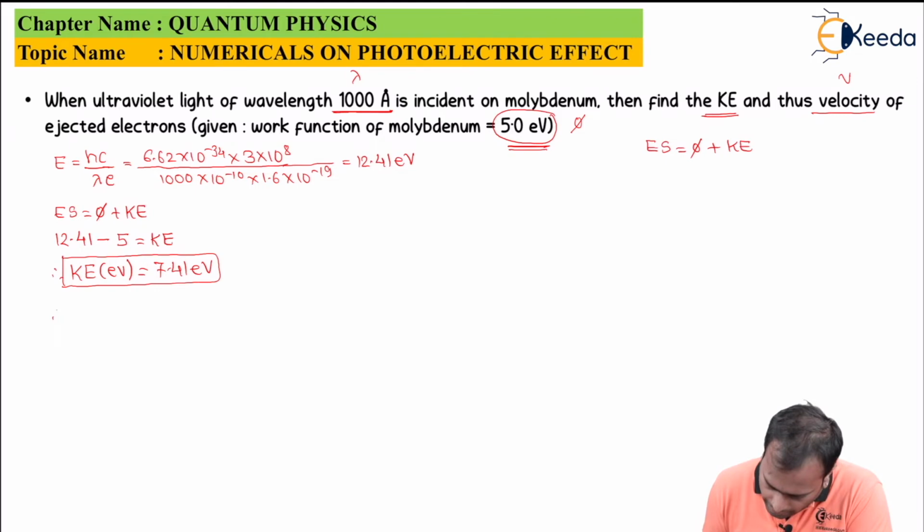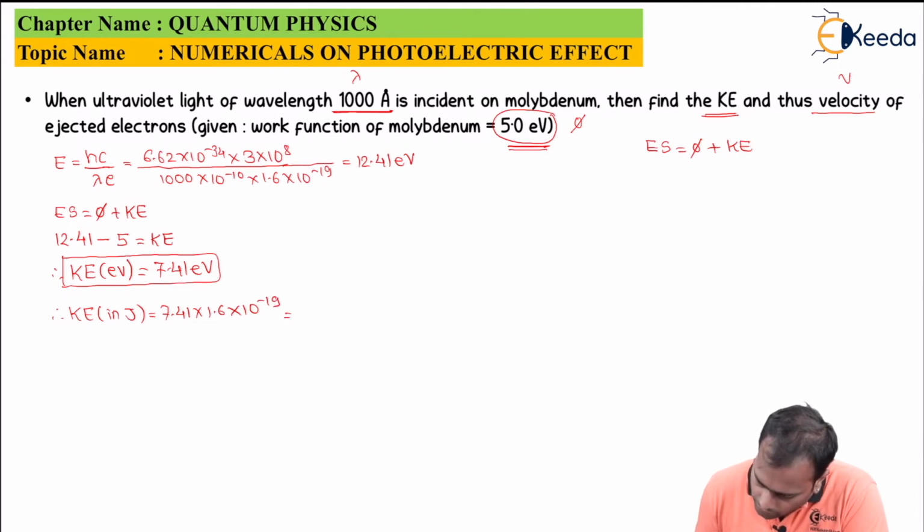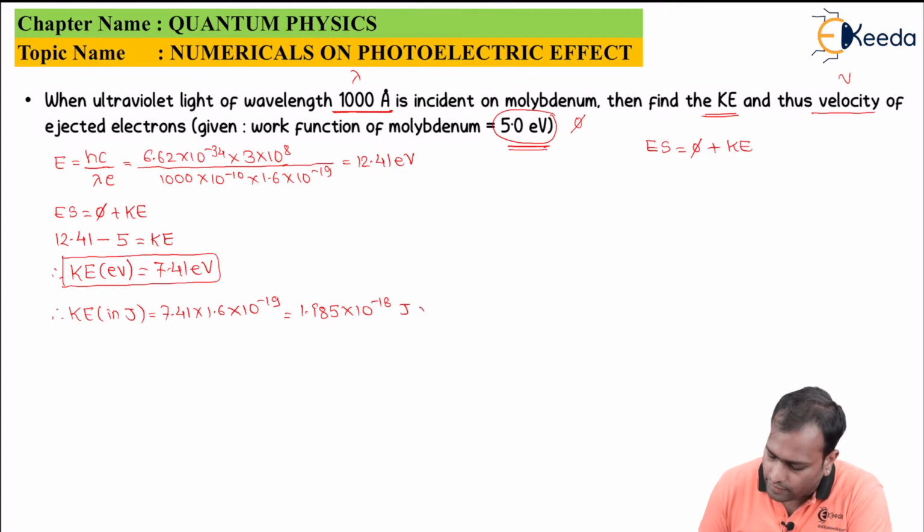So my kinetic energy, in this case in joules, would be equal to 7.41 into 1.6 into 10 to the power minus 19. On solving this, we'll be getting the value as 1.185 into 10 to the power minus 18 joules. Well, this is the final value that is expressed in terms of joules.